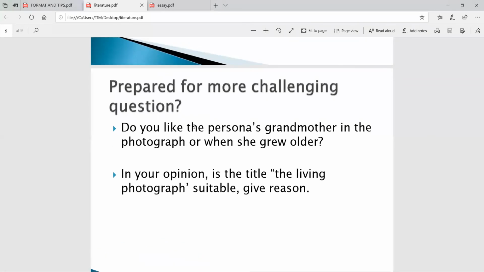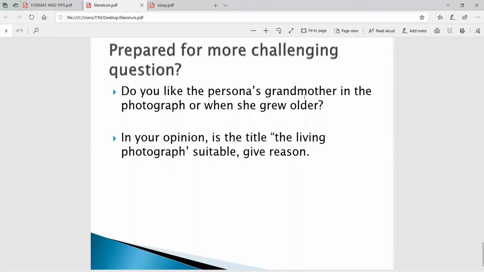We can try also. Do you like the persona's photograph or when she grew older? Meaning the third stanza and the first stanza are about the photograph, when she was younger, or when she grew older. Which one do you like and why? Joey says that I like the grandmother when she's younger because she's still healthy and looks fair.